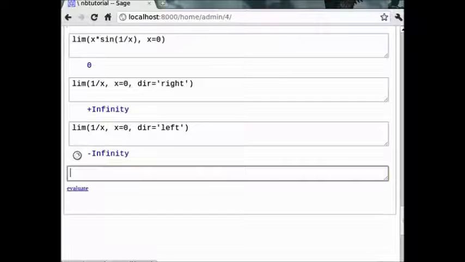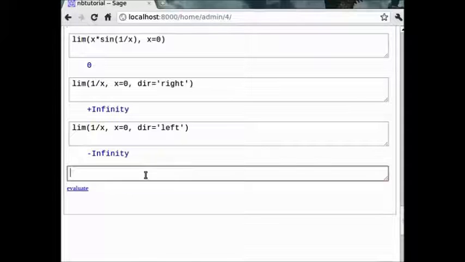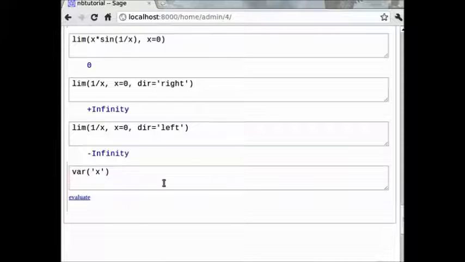Let us see how to perform differentiation using Sage. We shall find the differential of the expression exp(sin(x^2)/x) w.r.t x.